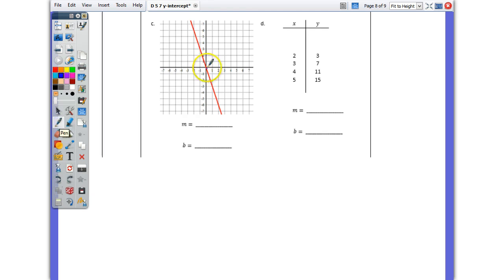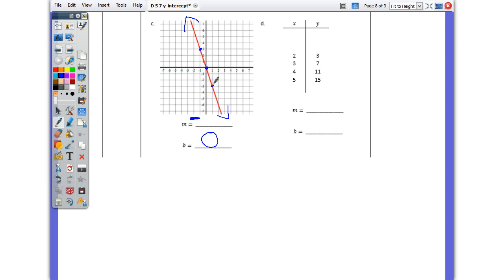Okay, easy part, where does it cross the y-axis? At the 0. What is my slope? Well, I'm going to pick a point probably here, or you could go here, it doesn't matter. But just looking at this slope, what kind of a line is that? A negative. It is linear, it's straight, but it's a negative. So, what's my run?